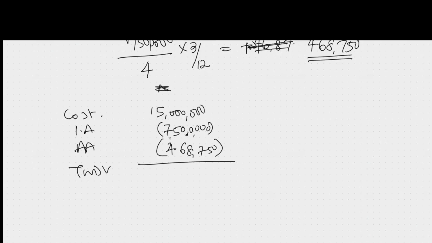What are you adding? Why are you adding it together? Is it not subtract? What do you have? 7 million, 31,250.